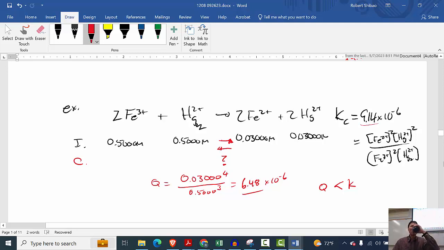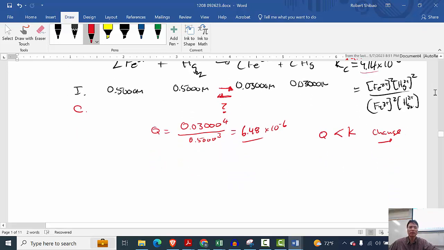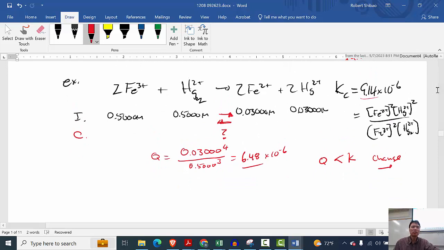9.14 is bigger, which means I was guessing this reaction is going to the left because the reactants are favored, but the reaction actually goes to the right. The change is going to be to the right since Q is smaller, and so we need to build more product up. So I'm going to fix that here.